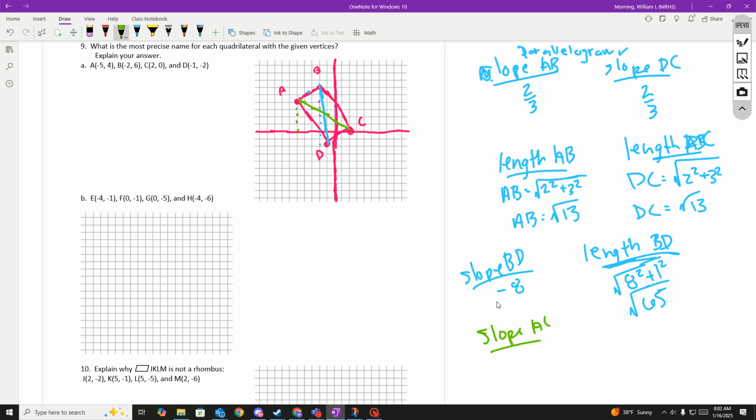Yeah, 4. So down 4, and over 7. Okay, the slopes are not opposite reciprocals. So the diagonals are not perpendicular. So this is not a rhombus, which means it's not a square.